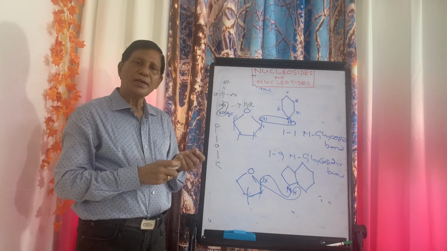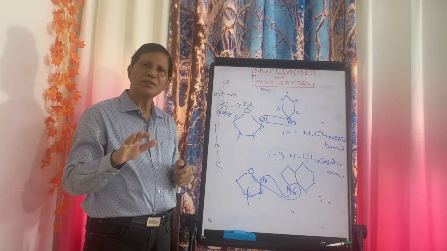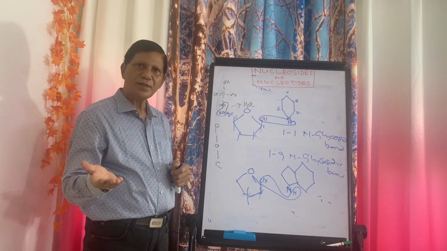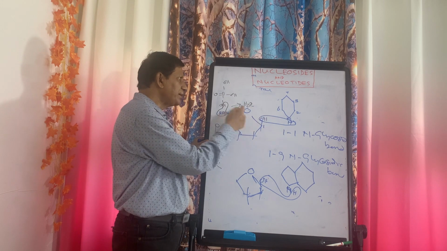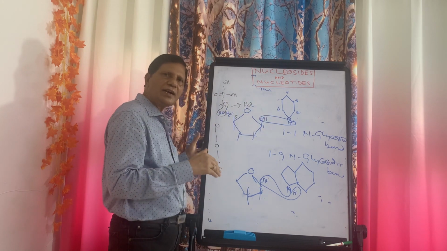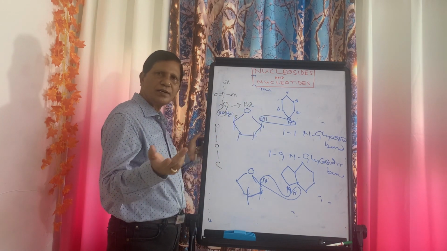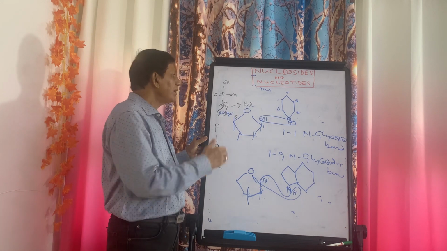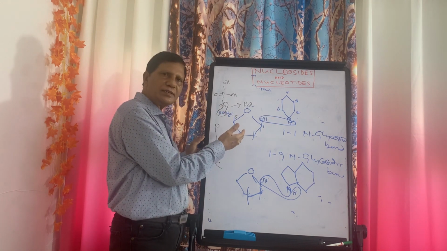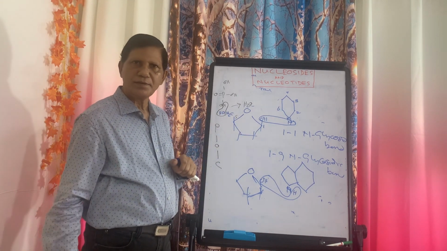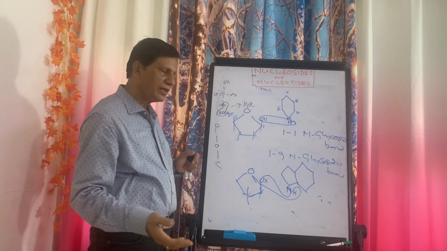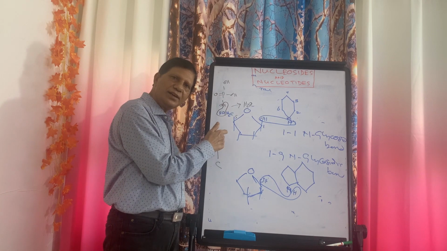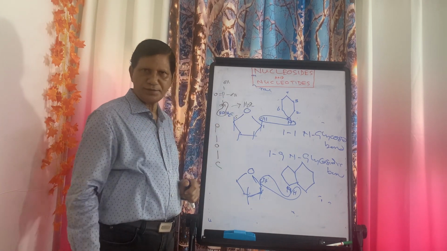So now what are the different types of nucleotides for RNA and DNA? So for RNA, you can call it adenylic acid, because the acid is attached, adenylic acid or adenosine monophosphate. Then guanylic acid or guanosine monophosphate, cytidylic acid or cytidine monophosphate, uridylic acid or uridine monophosphate.